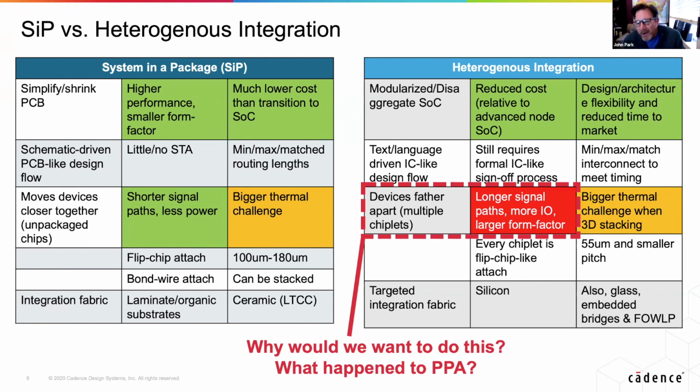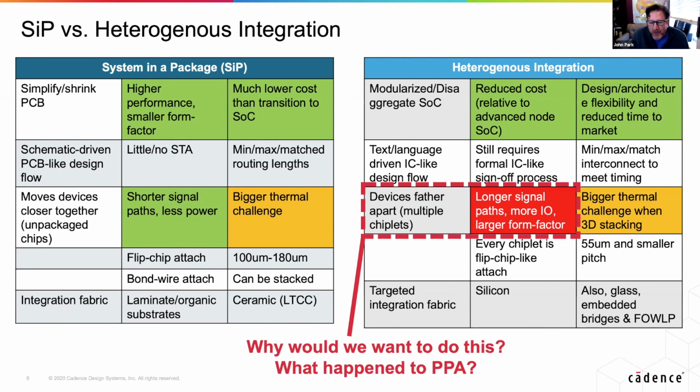If we move over to heterogeneous integration on the right-hand side here, as I said, this is about the disaggregation or modularization of an SoC. It's really done to reduce cost, improve turnaround time, and provide a more flexible way of building system level architectures for designs.